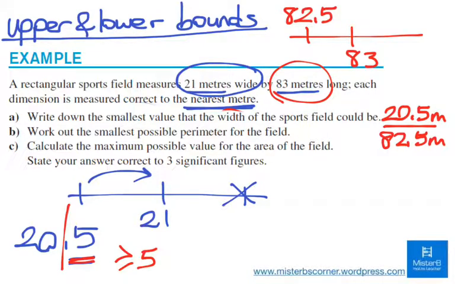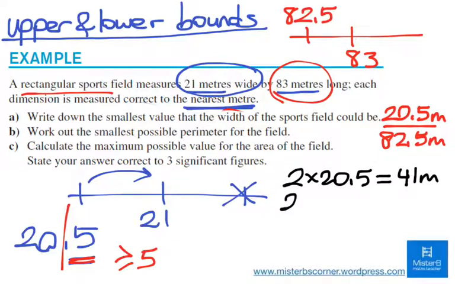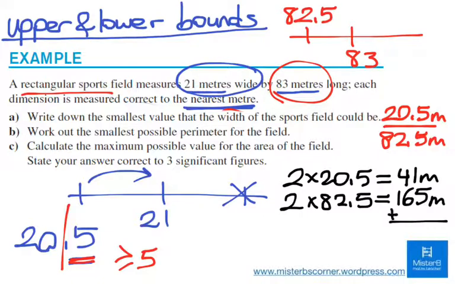So for the perimeter of this sports field, which is rectangular, I should go like, well, 2 times 20.5, this is 41 meters, 2 times 82.5, this is going to be 165 meters, and I will add them up because this is a rectangle.